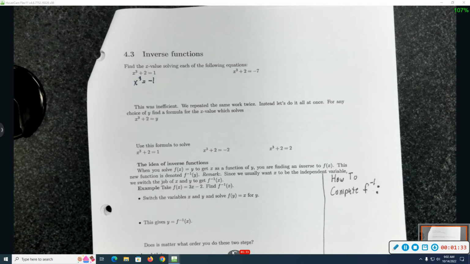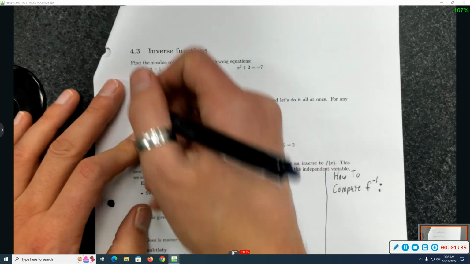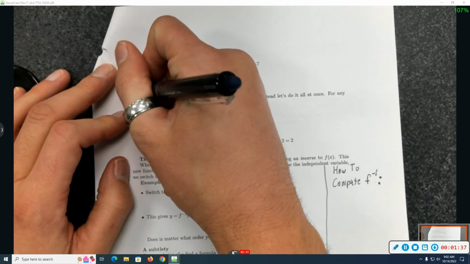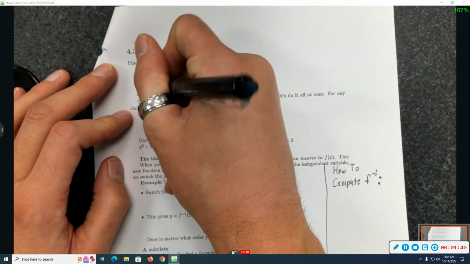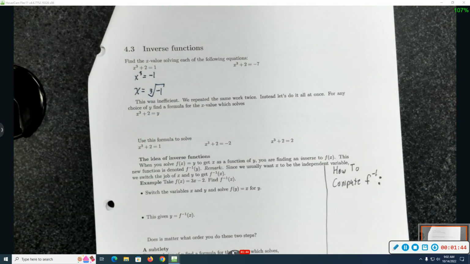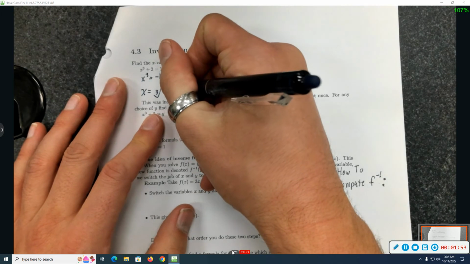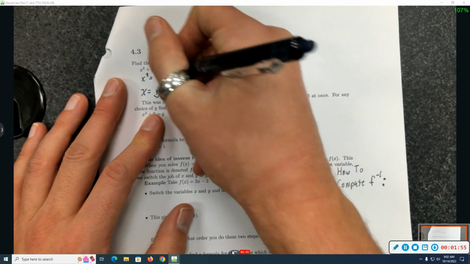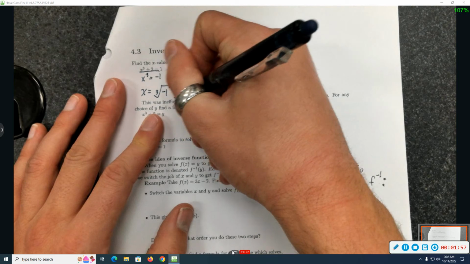Cube rooting. So it sure looks like x will be the cube root of negative 1. But what is the cube root of negative 1? Still negative 1, right? Because negative 1 cubed is negative 1. So this equation is solved by x equals negative 1.